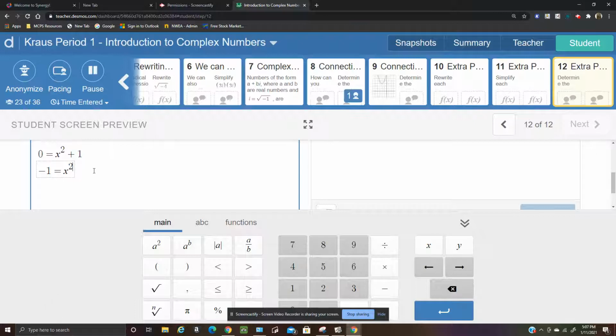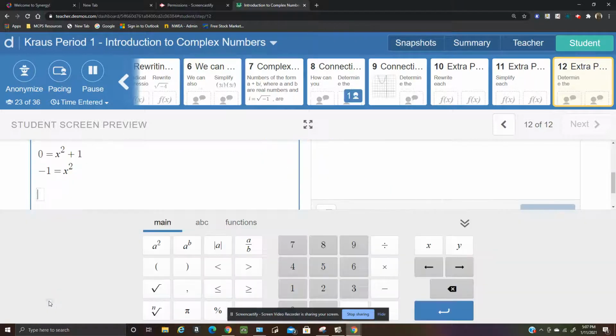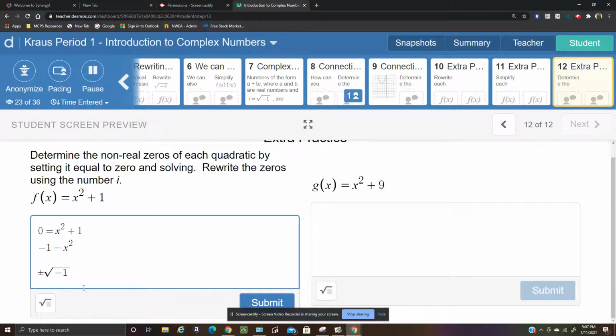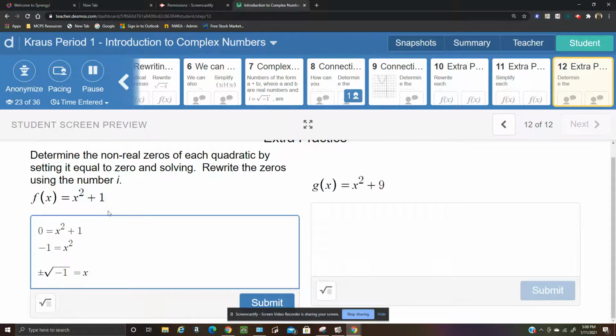Take the square root. So plus or minus, whoops. Get the equation under. And then get plus or minus i.